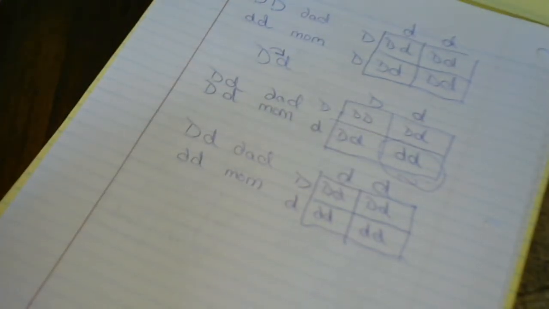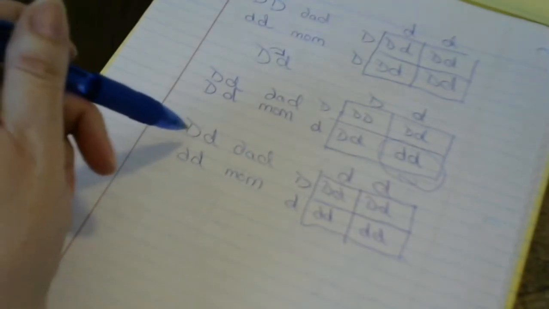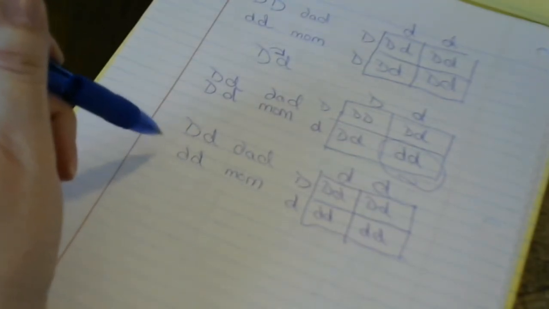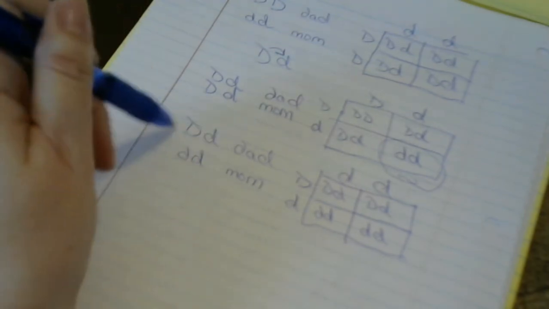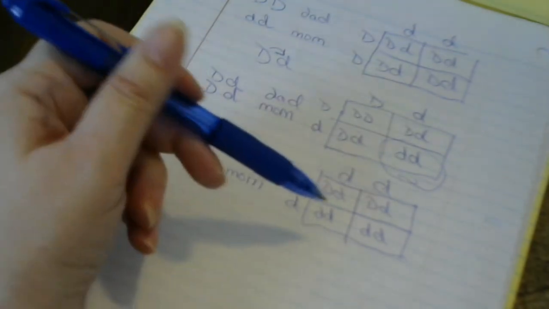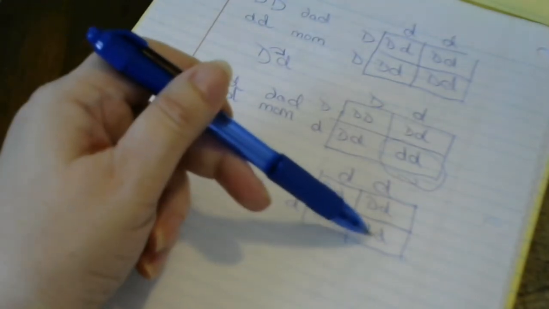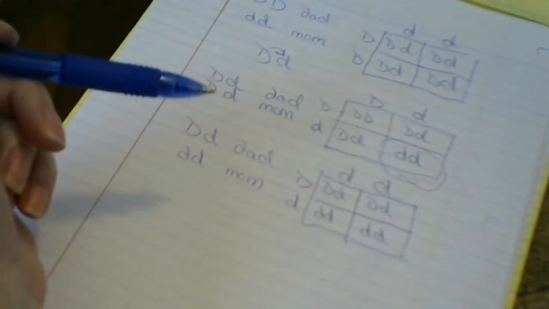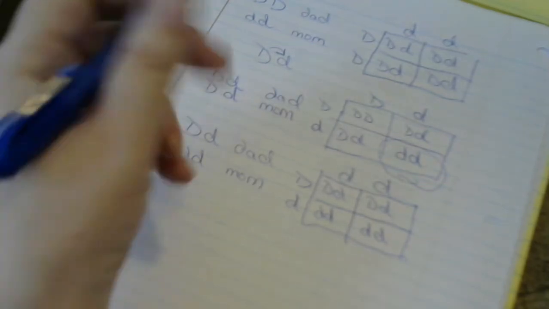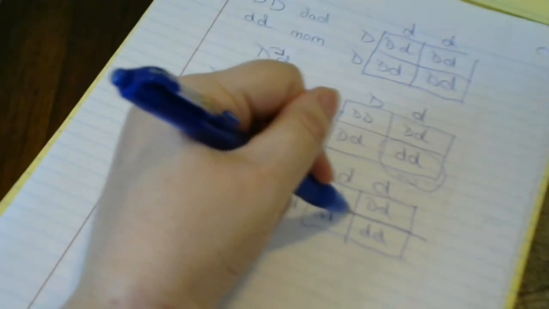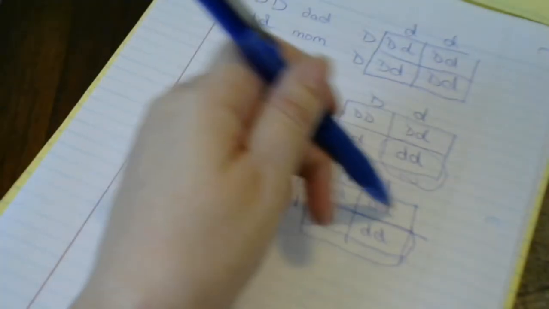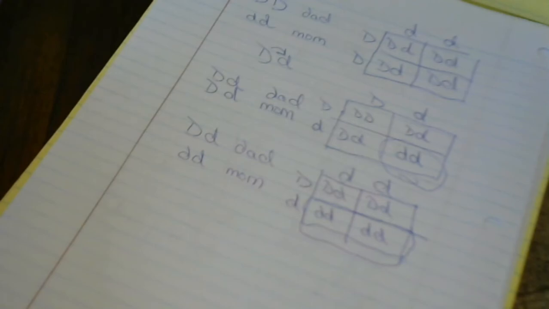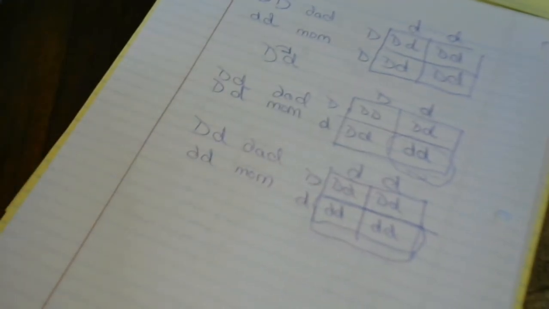Okay, so if dad is not deaf and mom is deaf, and dad has one of each, or he's heterozygous, then that means that there's about a 50% chance that one of the puppies will be deaf. Okay, so those are your chances for the puppies being deaf. And there's a 50% chance that you won't have a deaf puppy.